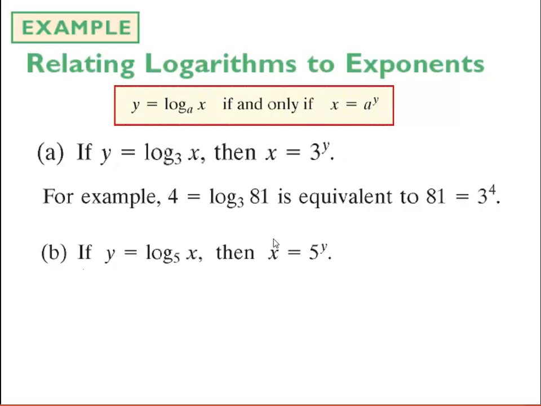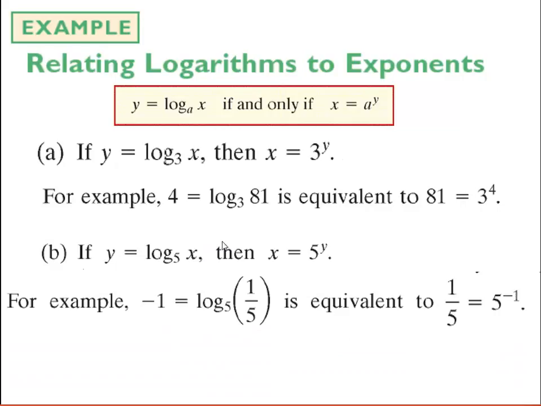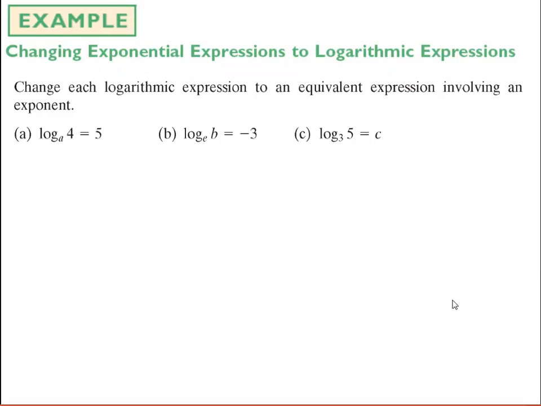Let's plug a number in for x and y to make sense of this. If I have negative 1 equals log base 5 of 1/5, that's the same thing as 5 to the negative 1 power equaling 1/5. And again, we know that that is a true equation.